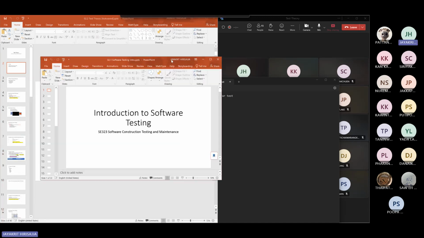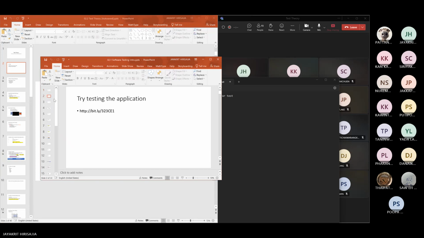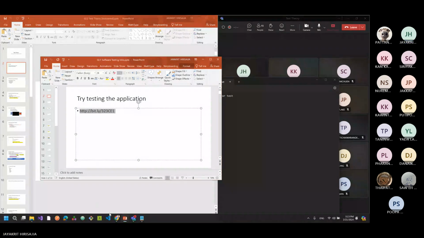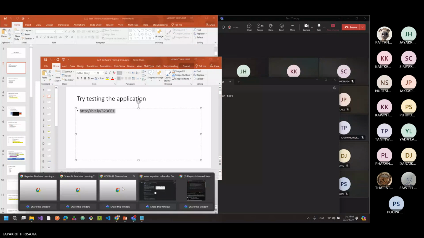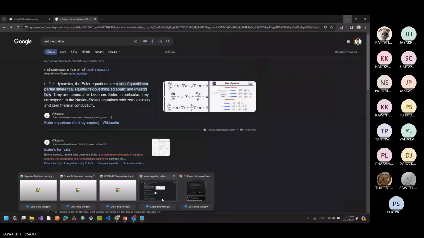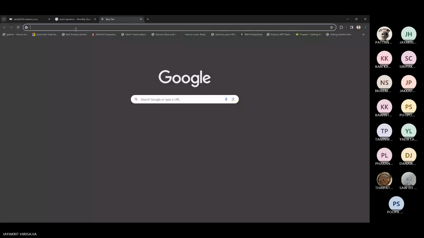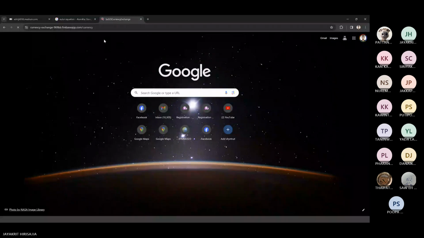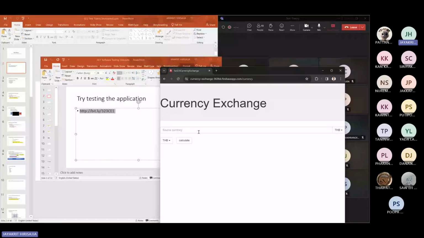Last time, if you watched the video, I already discussed this. From this example, I already discussed what kind of data we should use to test this website, right?